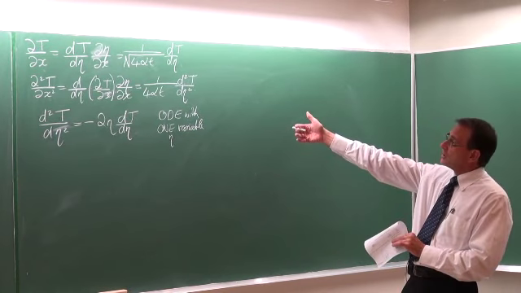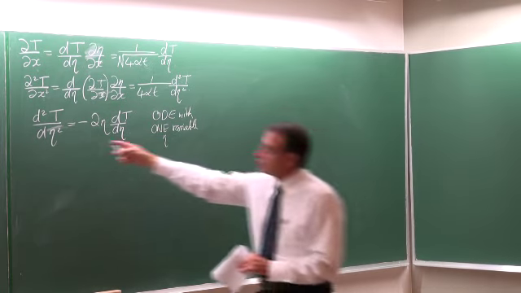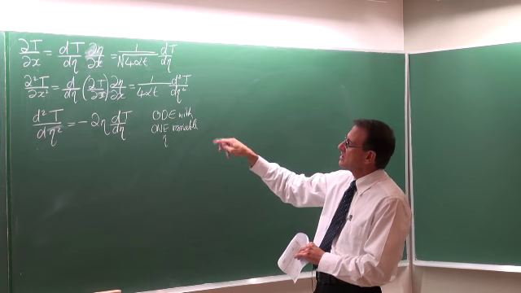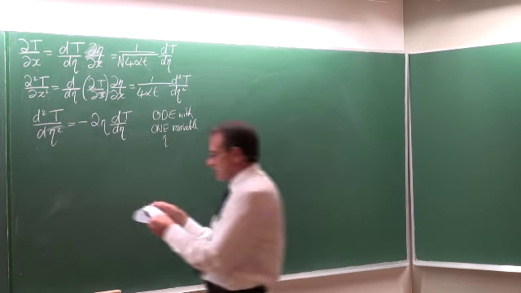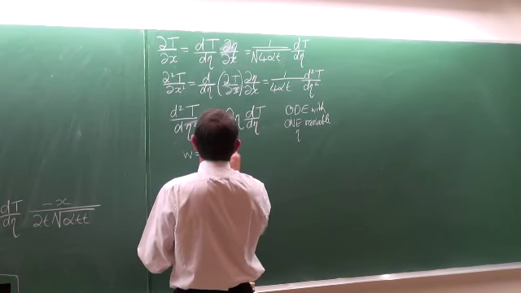Okay, how do we change a one-dimensional, an ordinary differential equation, a second order ordinary differential equation, to a first order one? We say, well, let's define W, which is equal to dT/dη.